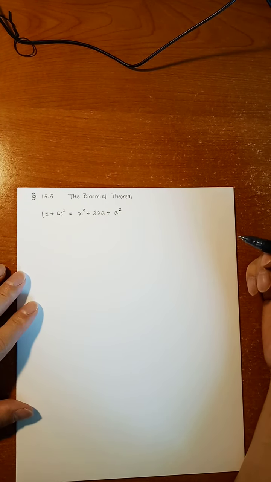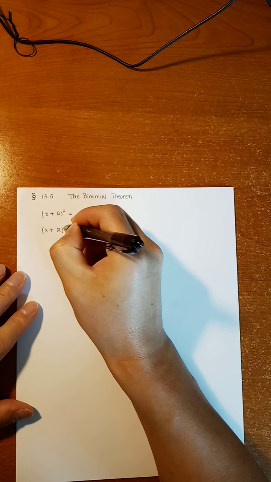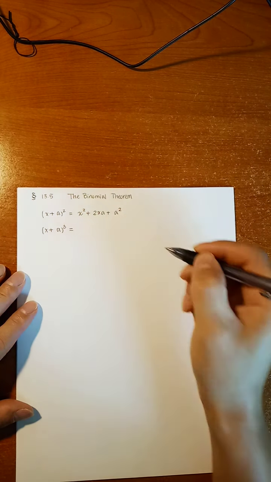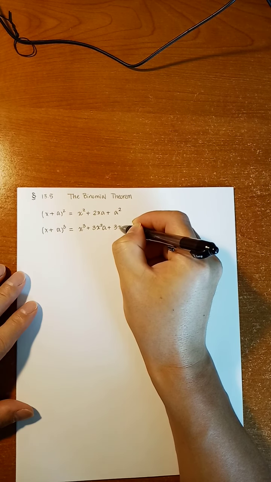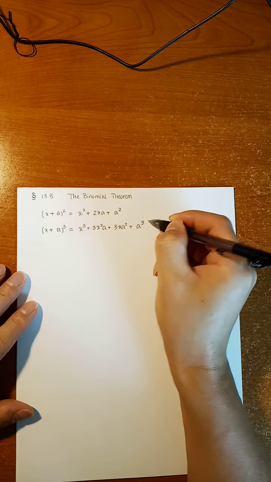And if we increase the power, (x plus a) cubed, possibly not everyone still remembers it, but if you just do the computation, term by term multiplication, expand this, you will see that it is x cubed plus 3x squared a plus 3xa squared plus a cubed.